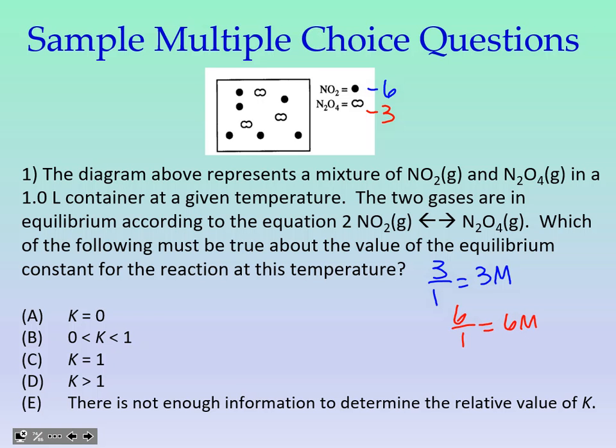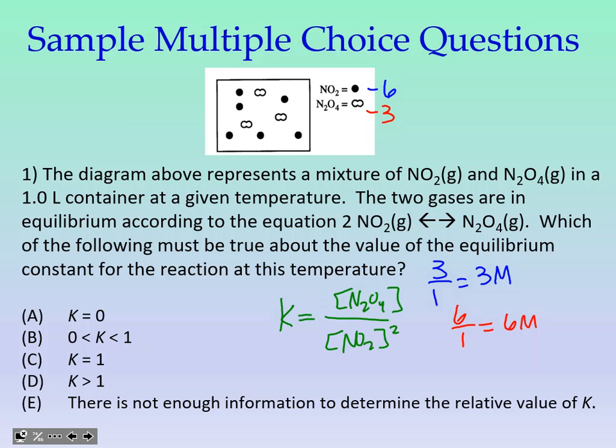So if you're following the law of mass action, we have K equals the NO2. Well, that's the reactant, sorry. Let's put that on the bottom. NO2 squared, concentration of N2O4 on top.